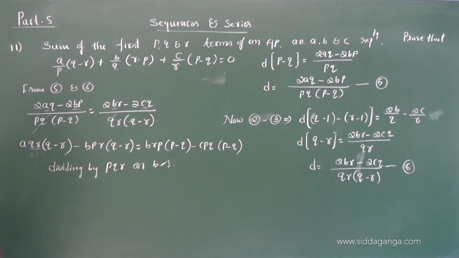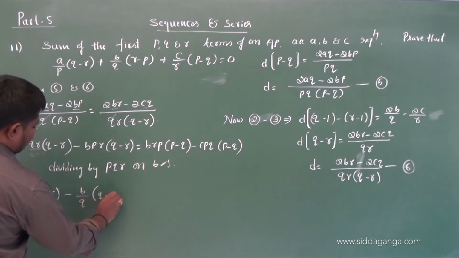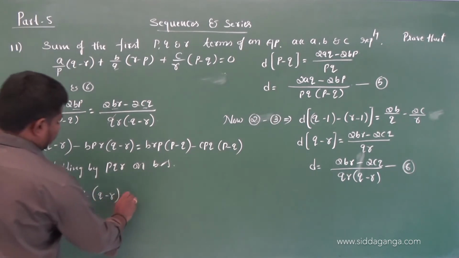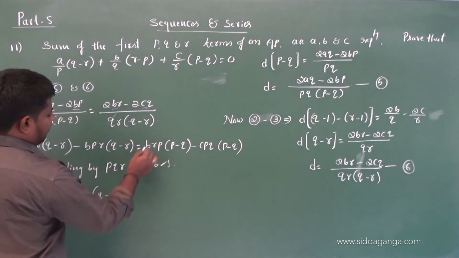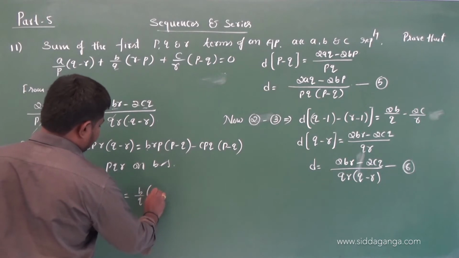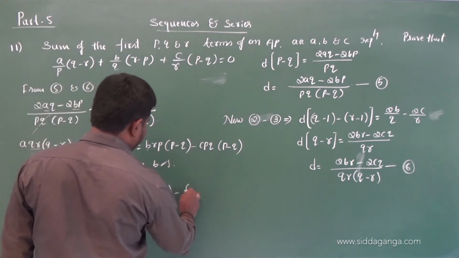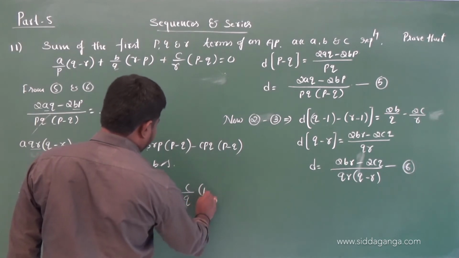QR gets cancelled, remaining is A by P into Q minus R, minus PQR, so PR gets cancelled, so B by Q into Q minus R equal to BRP. So R and P get cancelled, so remaining is B by Q into P minus Q, minus PQ gets cancelled, C by Q into P minus Q.